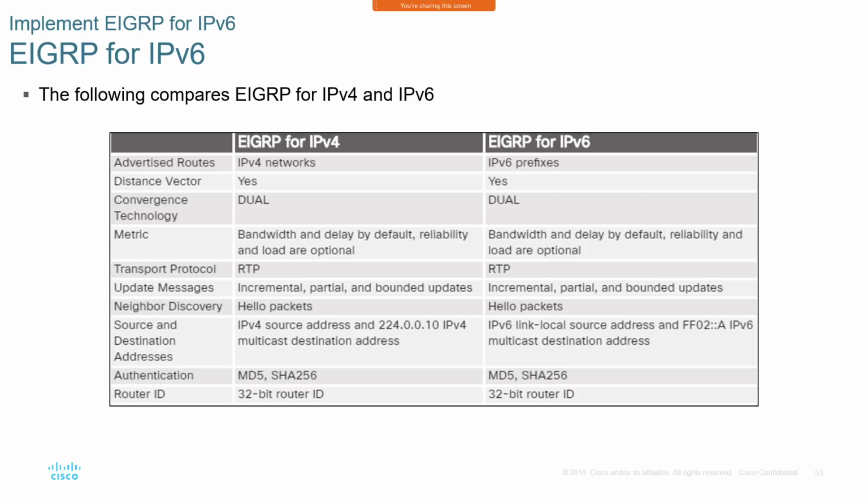Please note that the router ID stays exactly the same in IPv4 and IPv6. It doesn't mean that just because I'm configuring EIGRP for IPv6, I also need to configure a router ID which looks like an IPv6 address. That is not true. We need to configure a router ID in the same format as an IPv4 address. So that one is still the same thing as well.